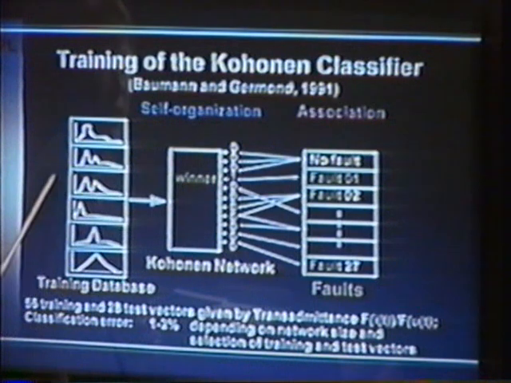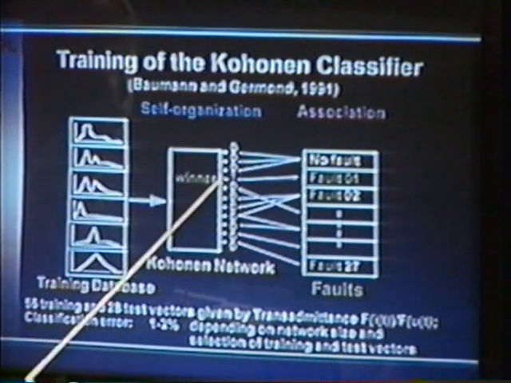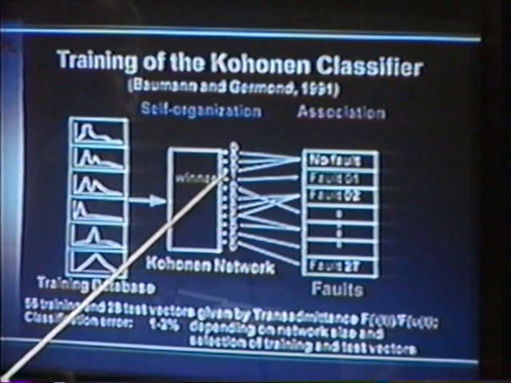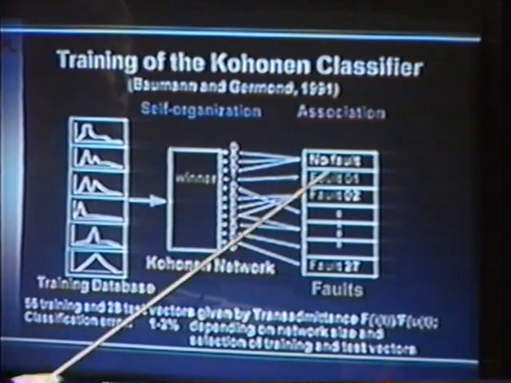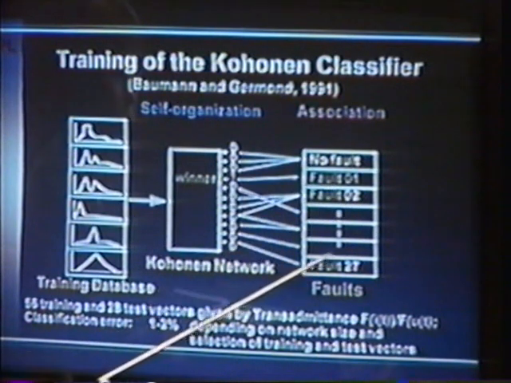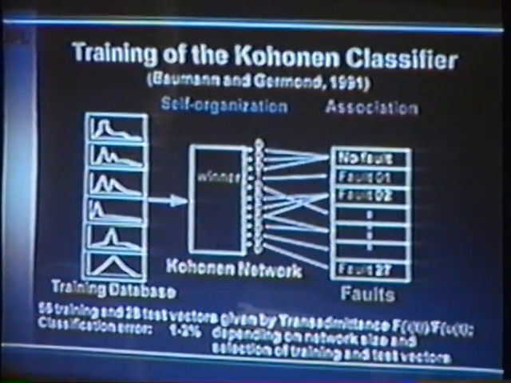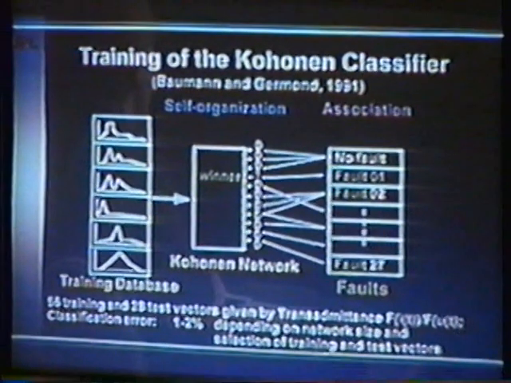And so for an unknown input vector, one of the classes would respond in saying, I'm the most similar class. And this class then would correspond either to a no-fault situation or to fault 1, fault 2, fault 27 situation. They achieved pretty good classification errors in the order of 1 to 2%, depending on the network size and the selection of the training vectors.